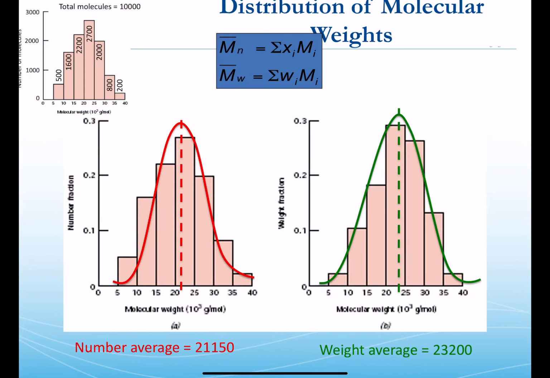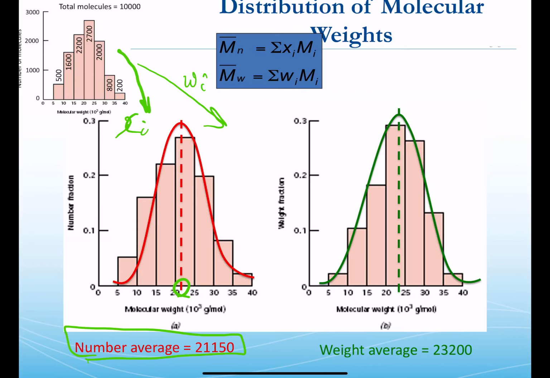Now, reporting all this on top of the data that we were provided, we see, returning to our ideas here, that the graph evolves in shape as we consider a number fraction xi approach versus a weight fraction approach. And so we shift the shape more to the right. The curve over top of that helps us see that the midpoint of the curve here is closer to 20,000 molecular weight, and that corresponds to a number average of 21,150.